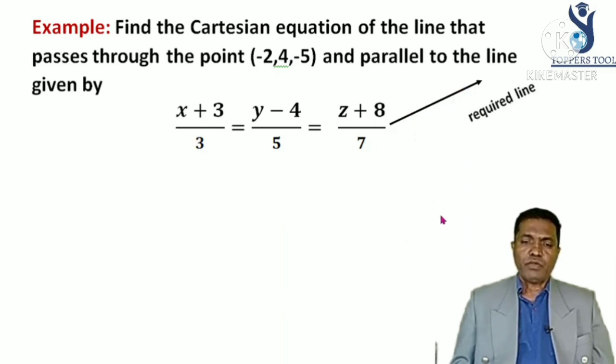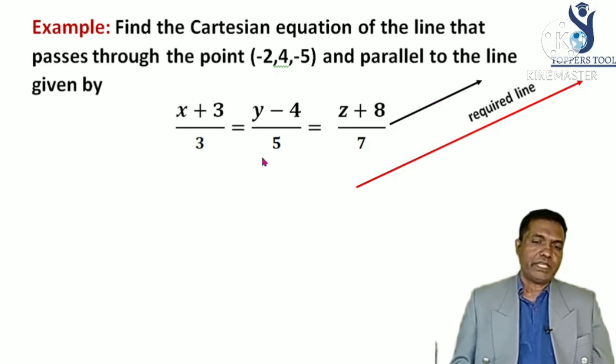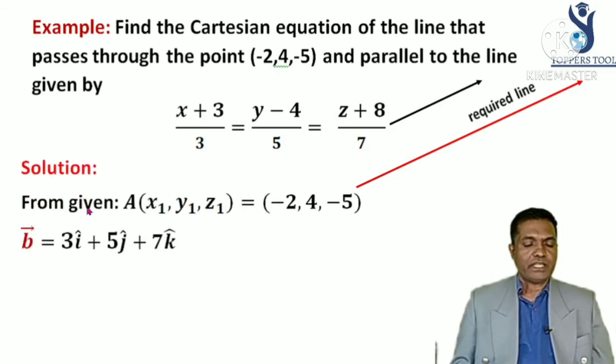Now we want a line which is parallel to this. What are the direction ratios of this? They are the same as those of the given line. So 3, 5, 7 are also the direction ratios of this line. So a, b, c are 3, 5, 7. From the given information, you are supposed to construct a line which passes through this point, so take this as x1, y1, z1.